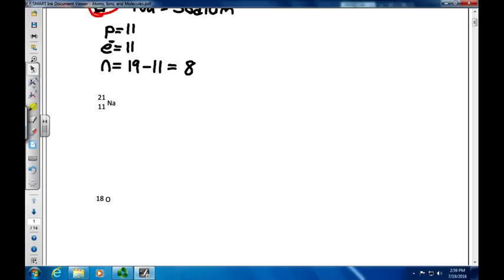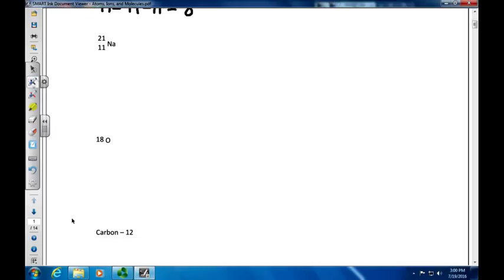Our next isotope is sodium. In this case, it's sodium-21. So from here, we can easily write the protons and electrons. Protons are equal to 11 because the number of protons is indicative of the element that's being referred to.